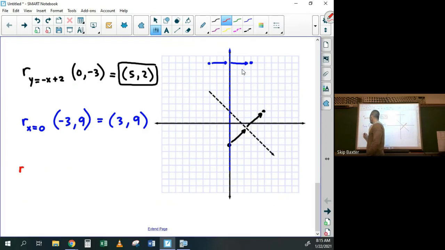How about a reflection across the line y equals x minus 1. And suppose you're starting at the point negative 5, 2.